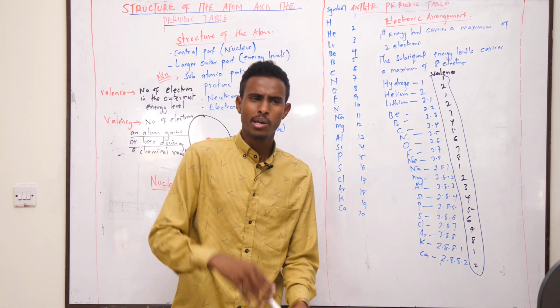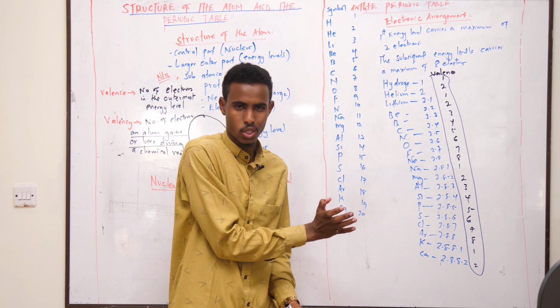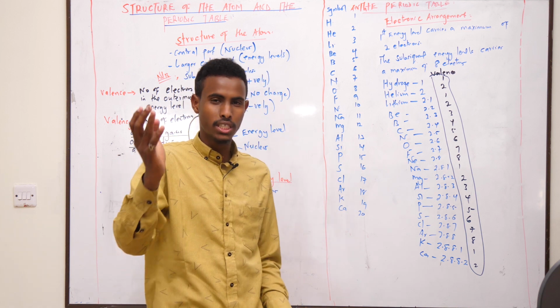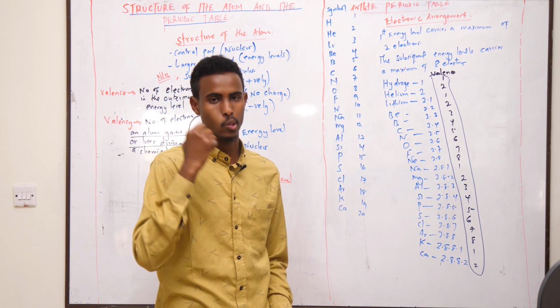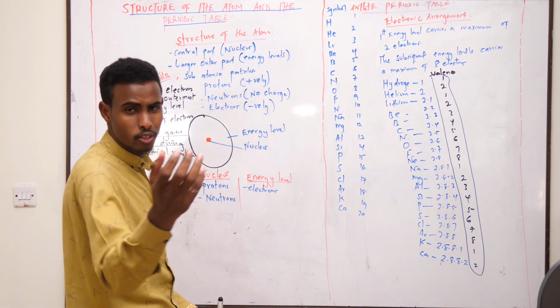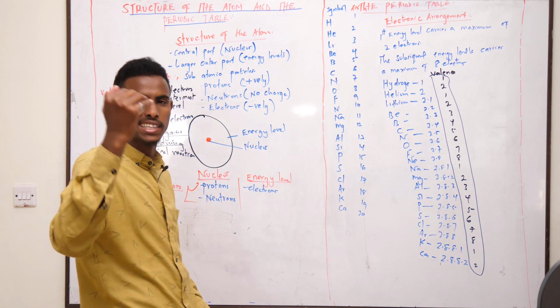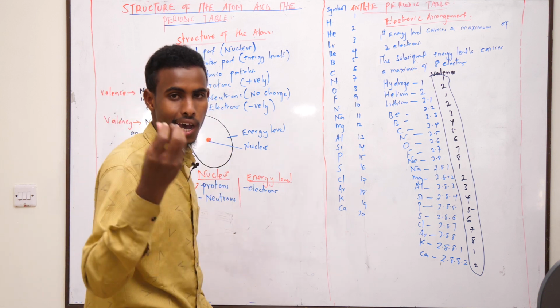What you know is that metals lose electrons to form positively charged ions, called cations, and nonmetals gain electrons to form negatively charged ions, called anions.